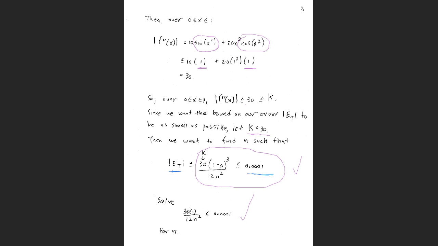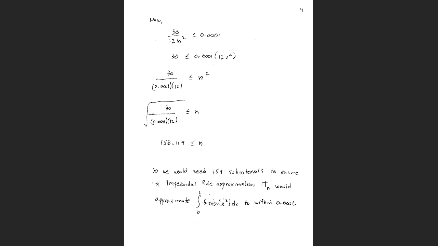Okay, class, here's our inequality. We have to solve it for n. On the next page, I go through solving for n, and it turns out that n is greater than or equal to 158.114.